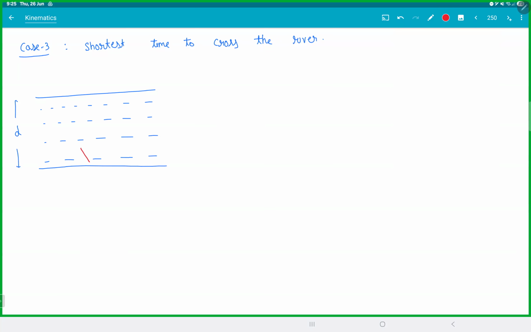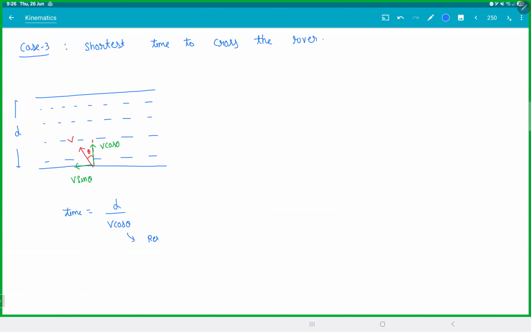Let the man go at an angle, speed V at theta. So this vertical component is V cos theta. This component is V sine theta. So the time taken to cross the river will be distance d over the velocity responsible to cross the river, V cos theta. Since you want minimum time, the V cos theta must be a maximum.